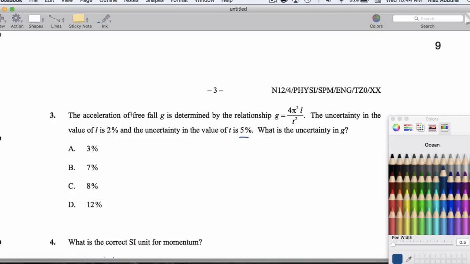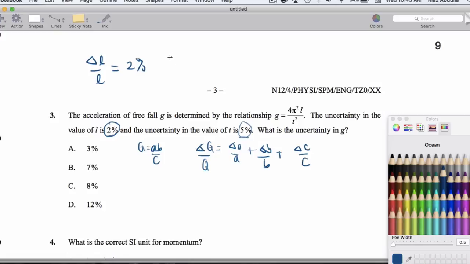The way this works, the original formula is Q equals AB over C, so delta Q over Q is going to be delta A over A plus delta B over B plus delta C over C. Now, when they give us percents, so when they tell us the uncertainty in L is 2%, what that actually tells us is that delta L over L is 2%, and that delta T over T is 5%.